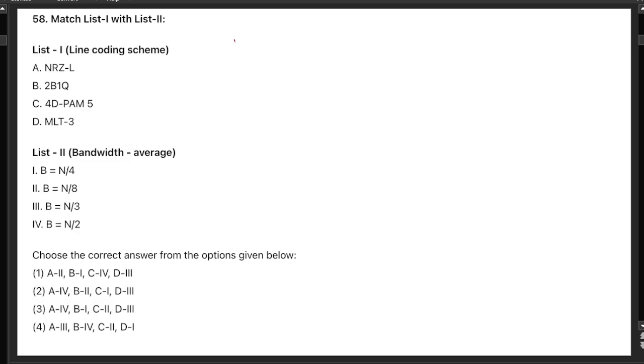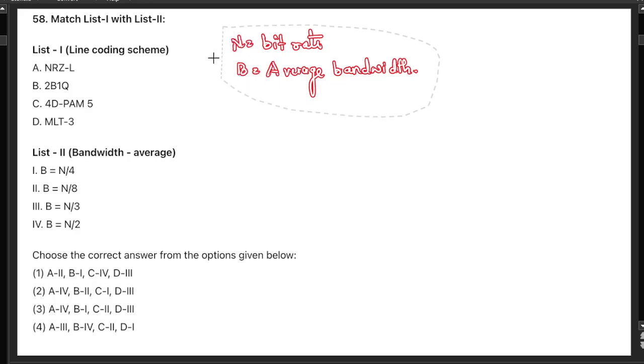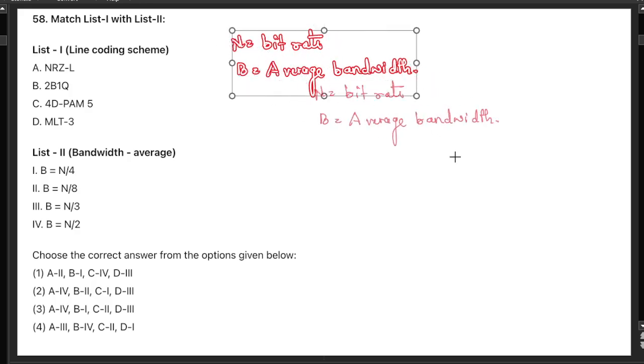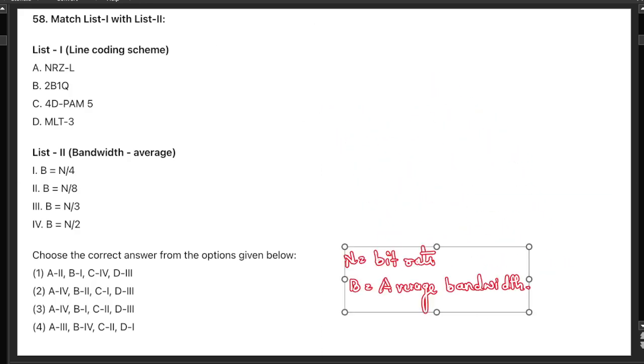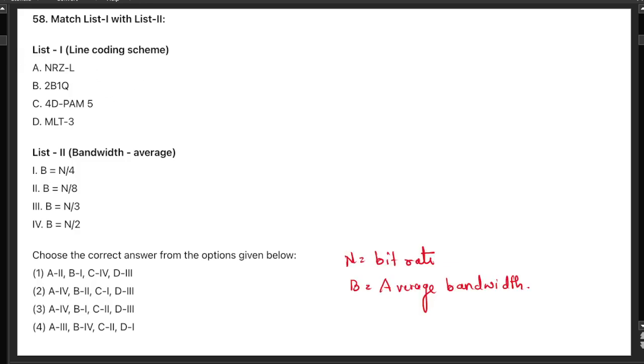So this N represents bit rate and B represents average bandwidth. So let's analyze one by one. We will bring this to the side portion somewhere here, because we have to analyze the options one by one.